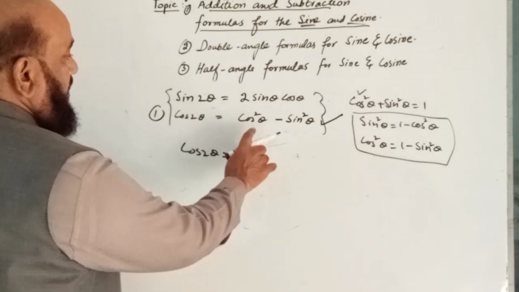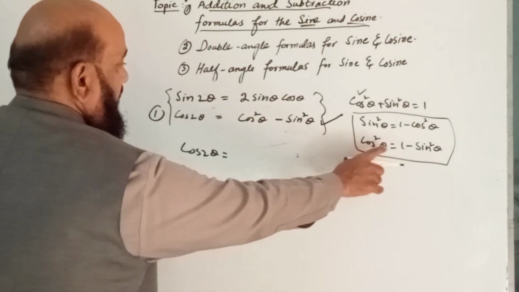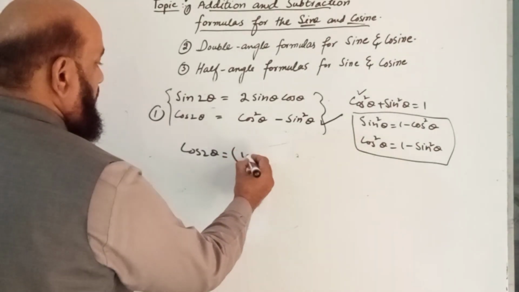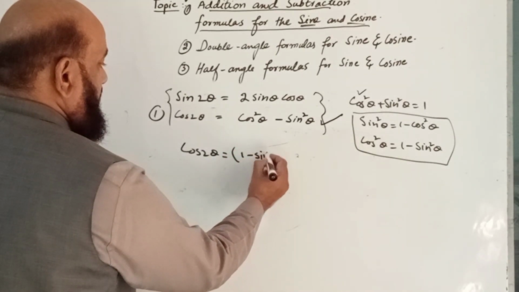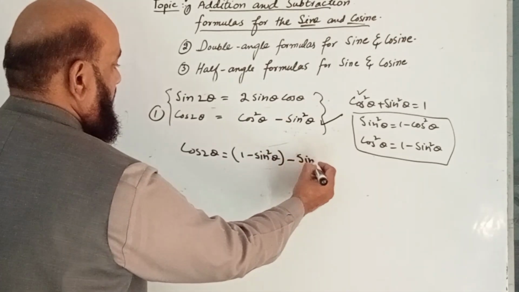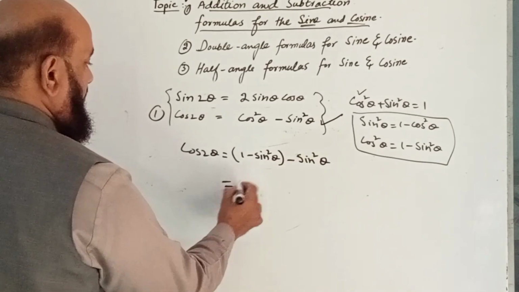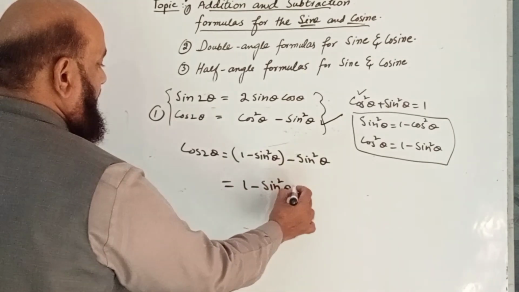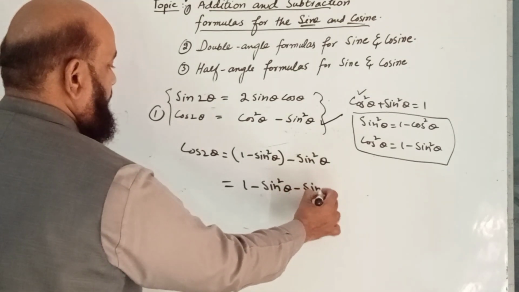If we replace cos square theta, we get 1 minus sin square theta. Put here cos square theta is equal to 1 minus sin square theta, then minus sin square theta. If we solve it, we get 1 minus sin square theta minus sin square theta.